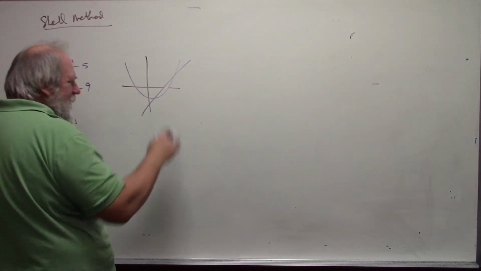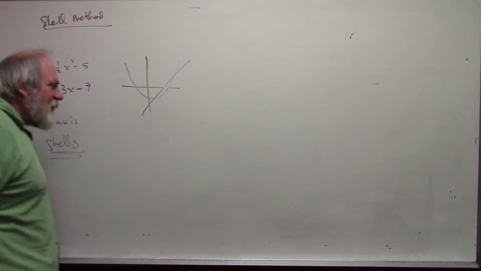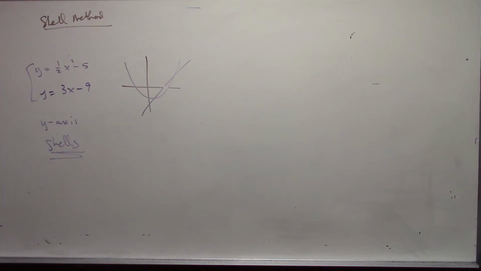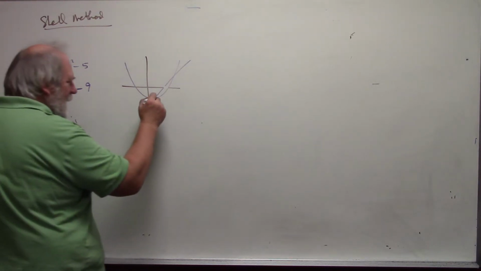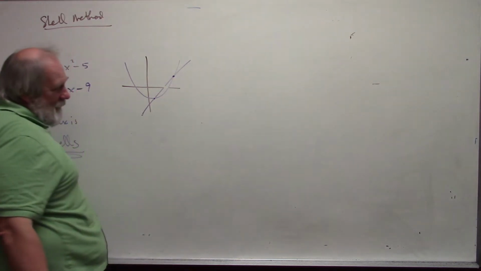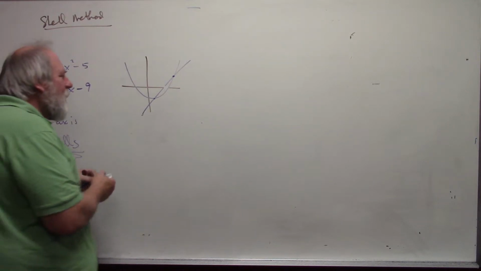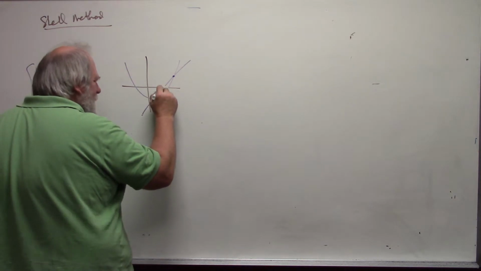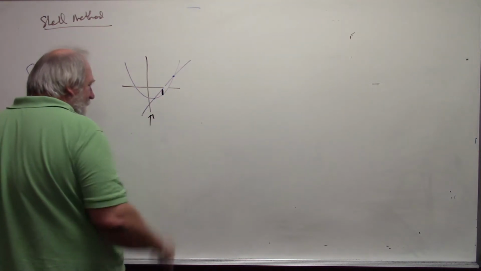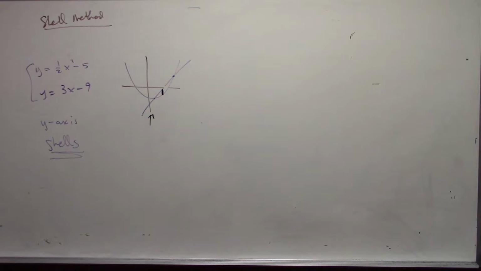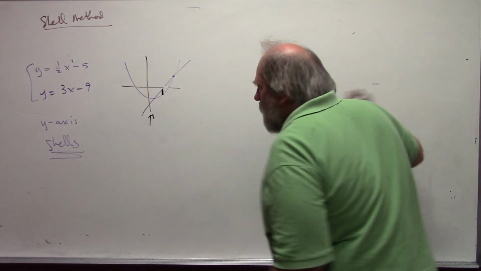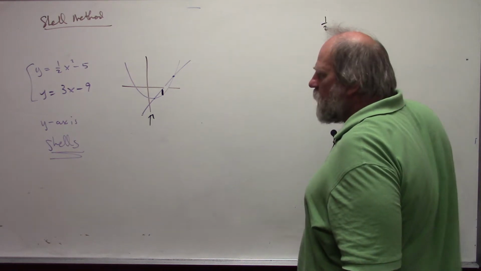I don't really need a better picture than this at this point, because ultimately I'm going to have to find these points of intersection. Since I'm rotating this around the y-axis and I want to use shells, my rectangle is parallel to the axis of rotation now. So the first thing I need to do is see where these two curves intersect.